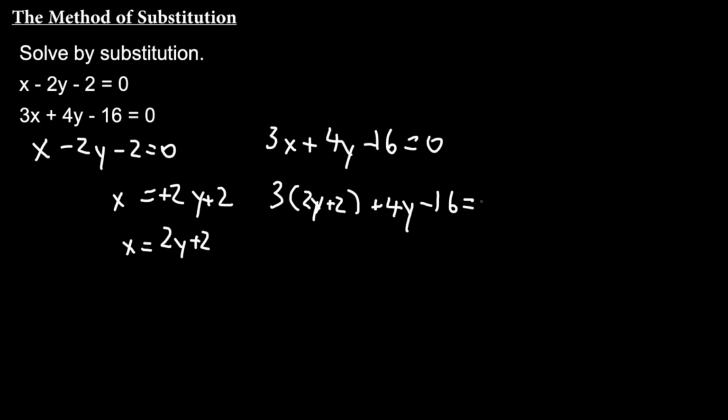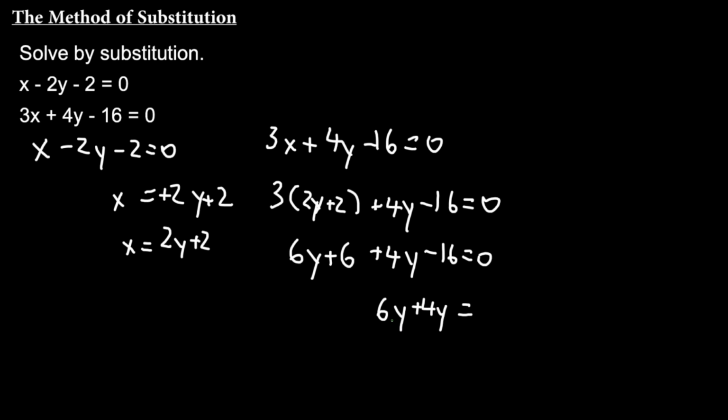Alright, so 3 times 2y gives you 6y. 3 times positive 2 gives you positive 6, plus 4y minus 16 equals 0. So on the right side, let's bring positive 6 and negative 16 across, and that will leave us with 6y and positive 4y on the left side. So 6y plus 4y is on the left side.